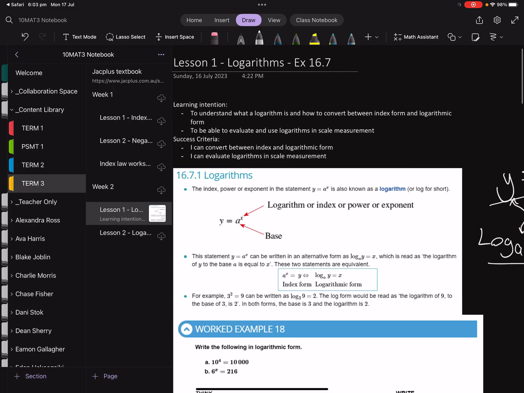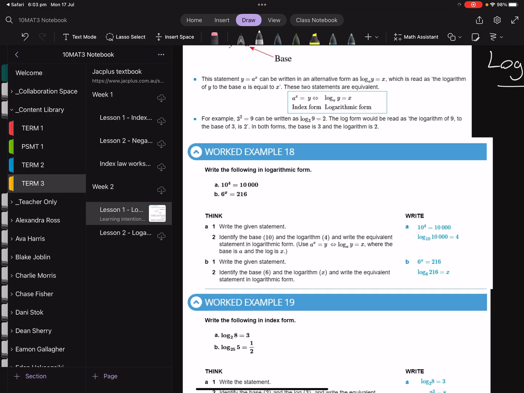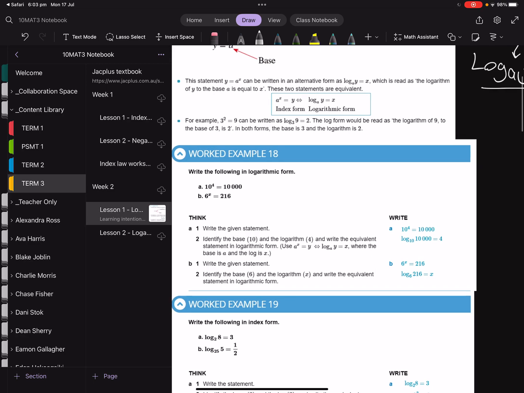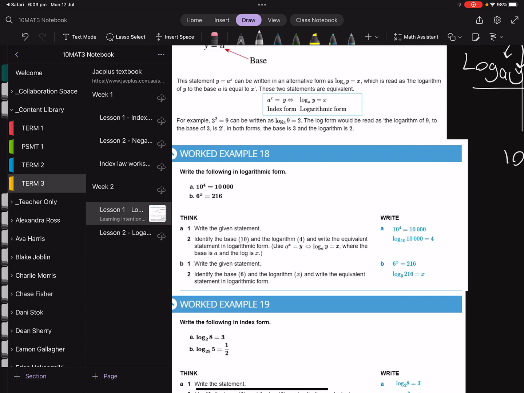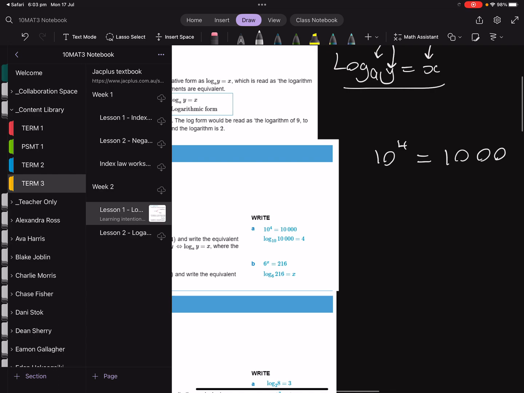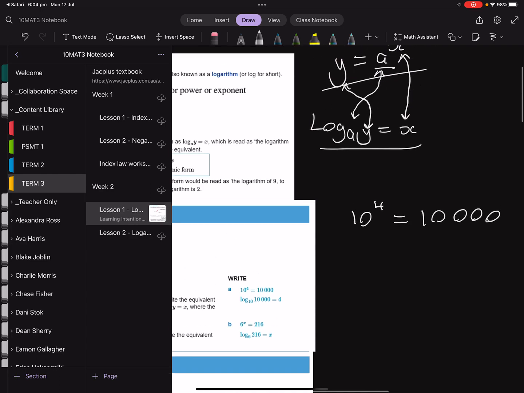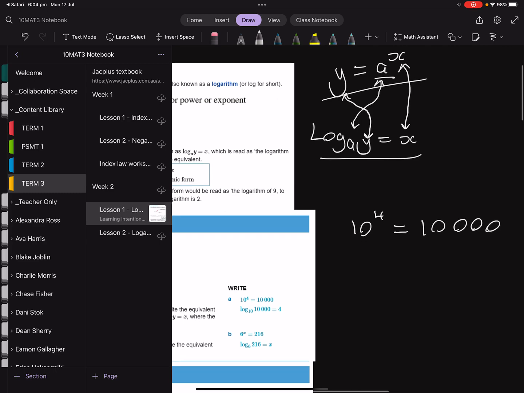Okay. Let's look at a worked example. Write the following in logarithmic form. Before we look at this one here at the bottom, let's try and do this one ourselves. So we've got 10 to the 4 is equal to 10,000. Looking up here, we know we can start with writing our log value.